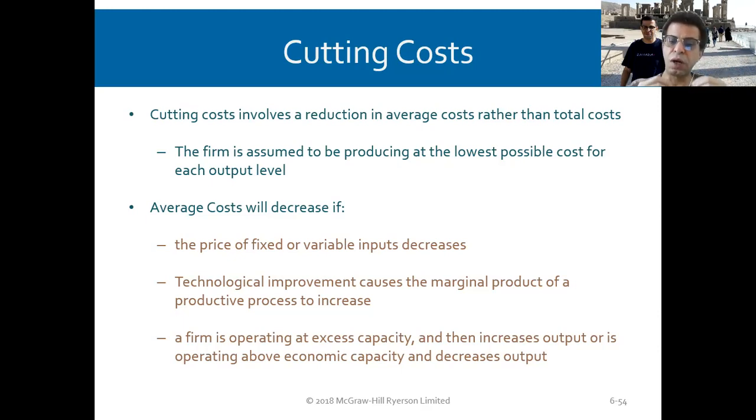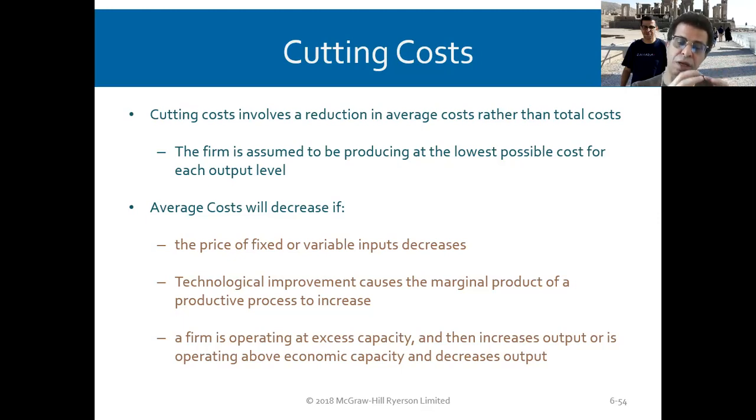Technology improvement causes the marginal product of a productive process to increase. And we brought this example in the early chapters, a shift out and a shift in because of the technology. Because with the technology, the cost of production goes down, because the average cost is going down.